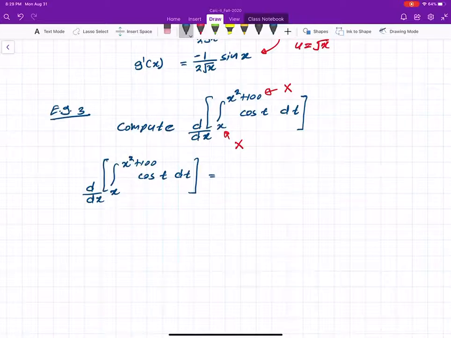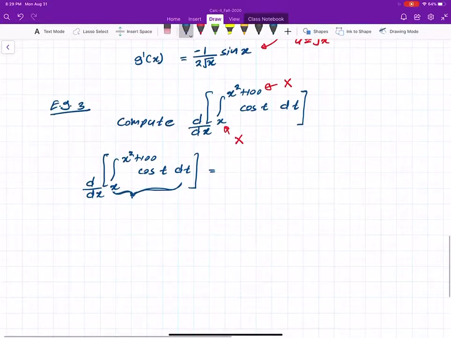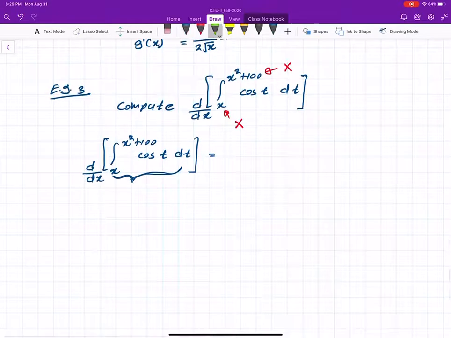All right, now I just split the integration part. There's a law, a rule for that. I'm going to explain that rule right here.